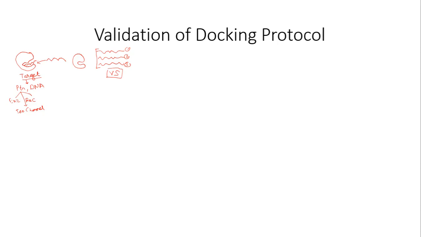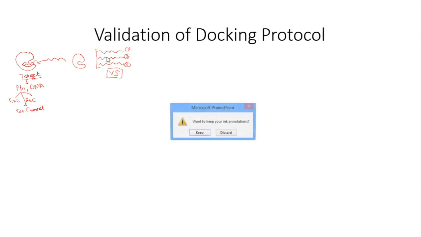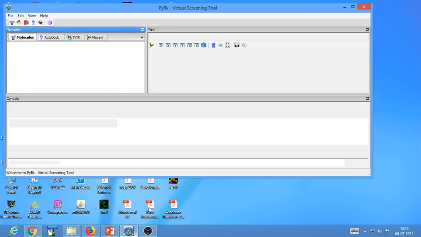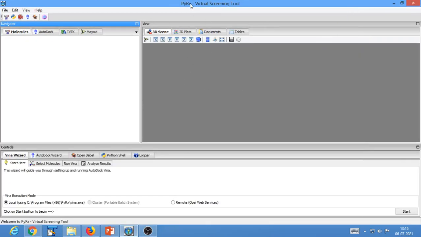Let me first show you how these things might look when you perform molecular docking. So it's demonstration time now. Here we have a tool called PyRx, or Python Prescription. This tool is used for setting up molecular docking and virtual screening systems and performing such docking experiments.